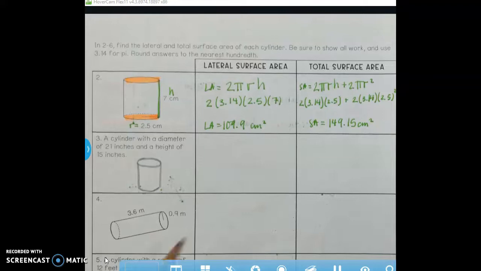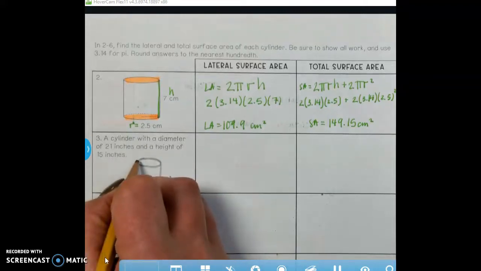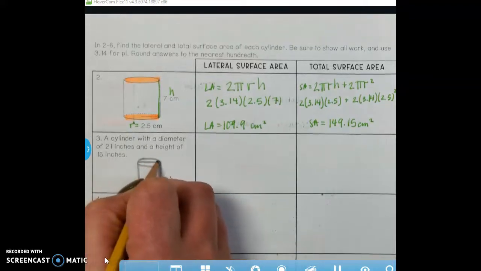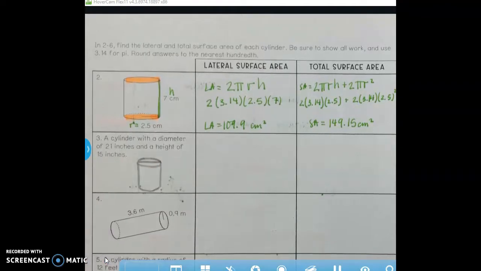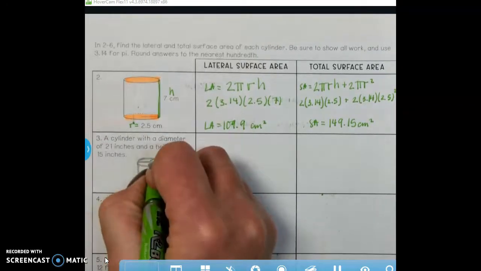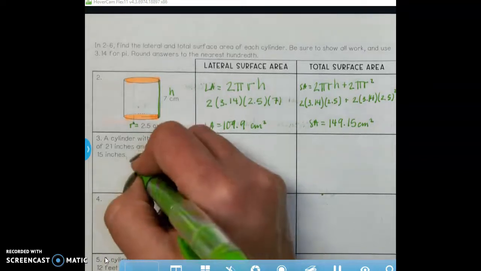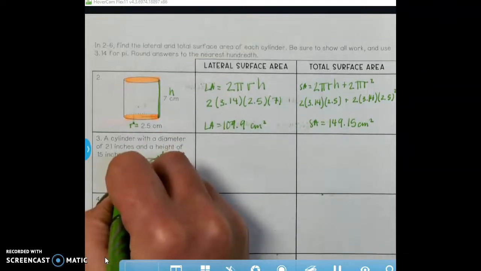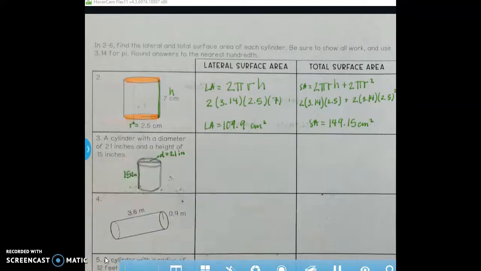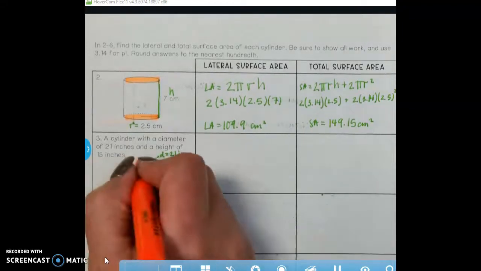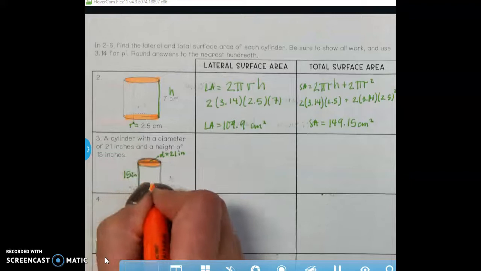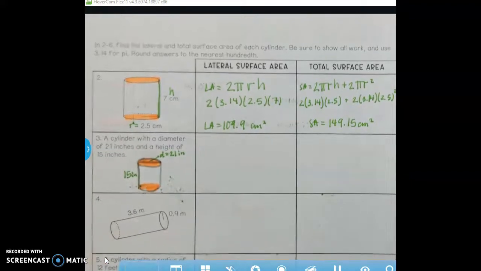So we have a cylinder with a diameter of 21 inches, and then the height is 15 inches.